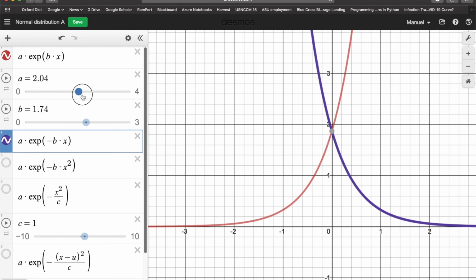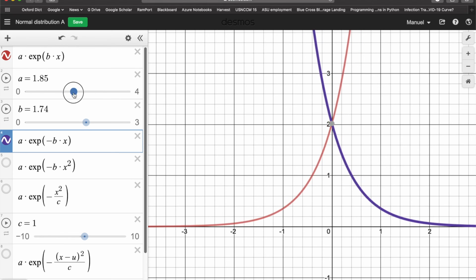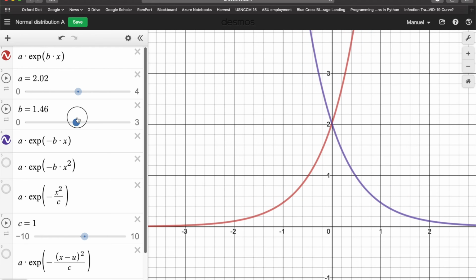So if I change the crossing point, it will move for both cases, and changing b will change the curvature. The interesting thing about the negative exponent is that the function approaches 0 as x increases, and it approaches 0 really fast, faster than most of the functions.